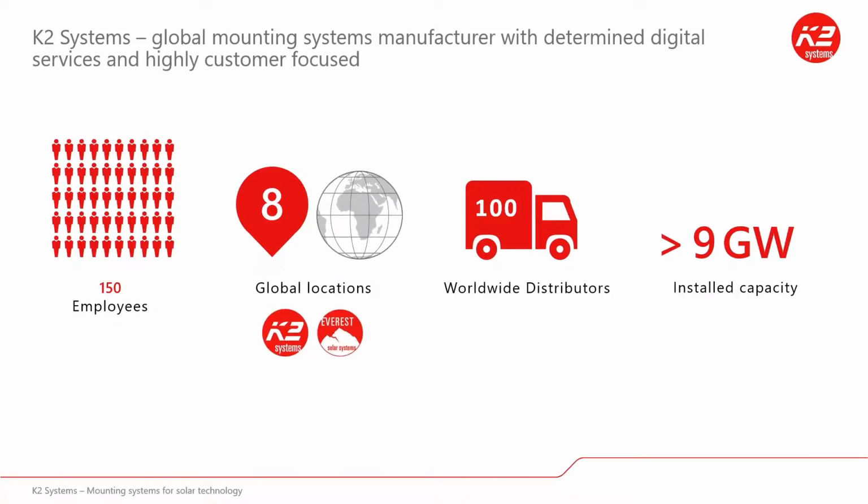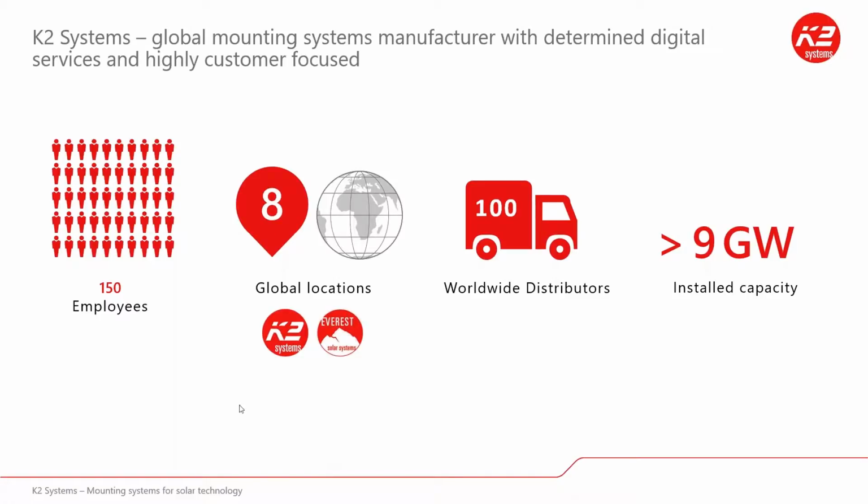K2 Systems at a glance. We're a global mounting manufacturer, and as specialists for rooftop applications, we offer effective and economical solutions for roofs all around the world. Of course, we provide very fast, reliable, and professional support for our customers. We have roughly 150 employees and are a two-brand company.